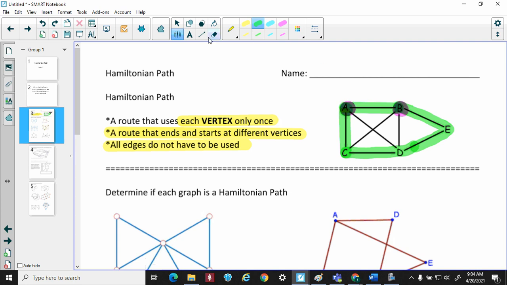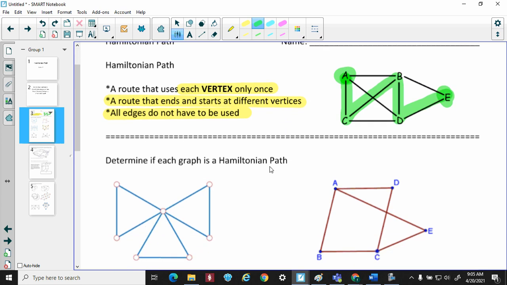So don't do that. Instead, make it like the one I showed you: I started at A, ended at E, and there's no way I can get back to A. So this would be the correct Hamiltonian path.